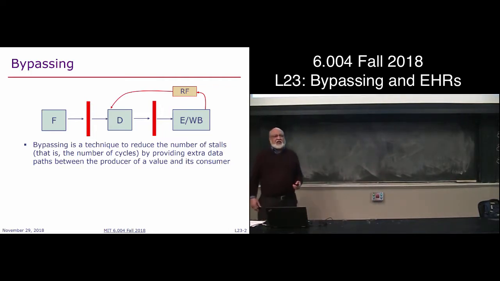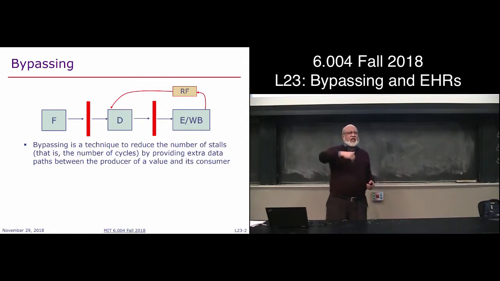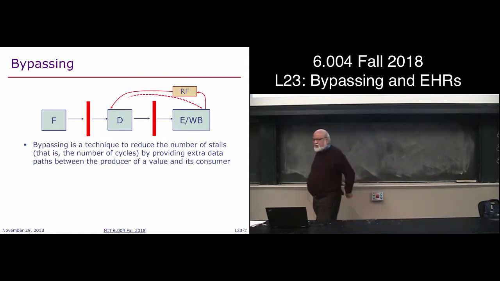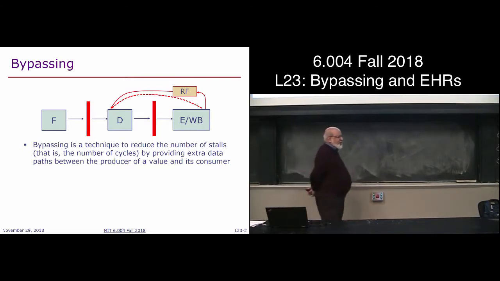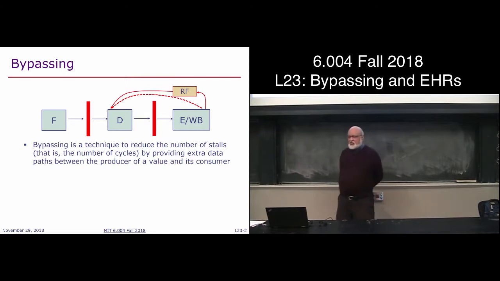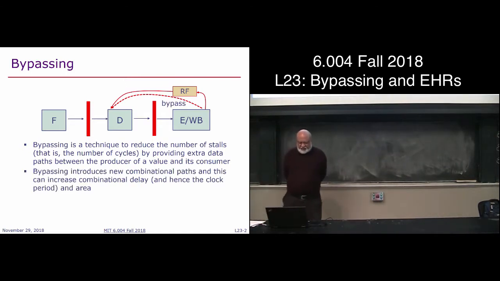For example, normally you will write back into the register file and the decode stage tries to read it. So that's the normal path, and a bypass essentially means that you're going to provide an extra path which bypasses the register file. So as the value is being produced, you can use it in the decode, and if you can do that, then it's going to save the cycle of storing it in the register file and using it later, right?